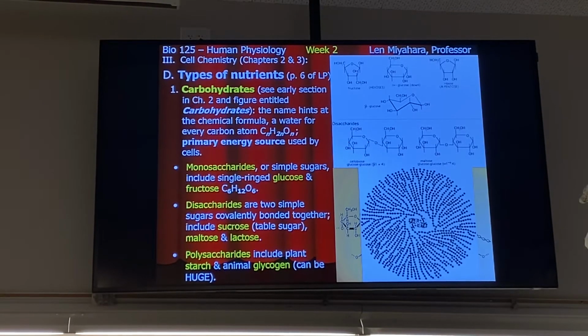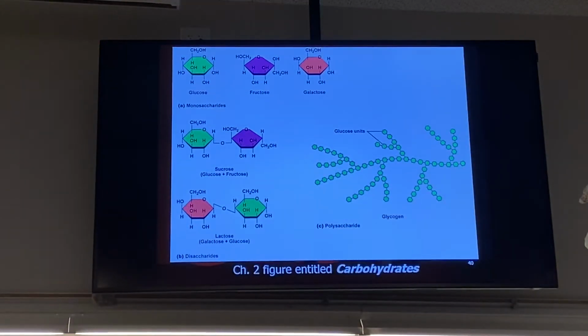But they're all glucose links. Everybody got carbohydrates? Single links on top, monosaccharides, disaccharides here. And then the large polysaccharide glycogen. But each one of these links is just a glucose ring. Right here, each one of these guys.